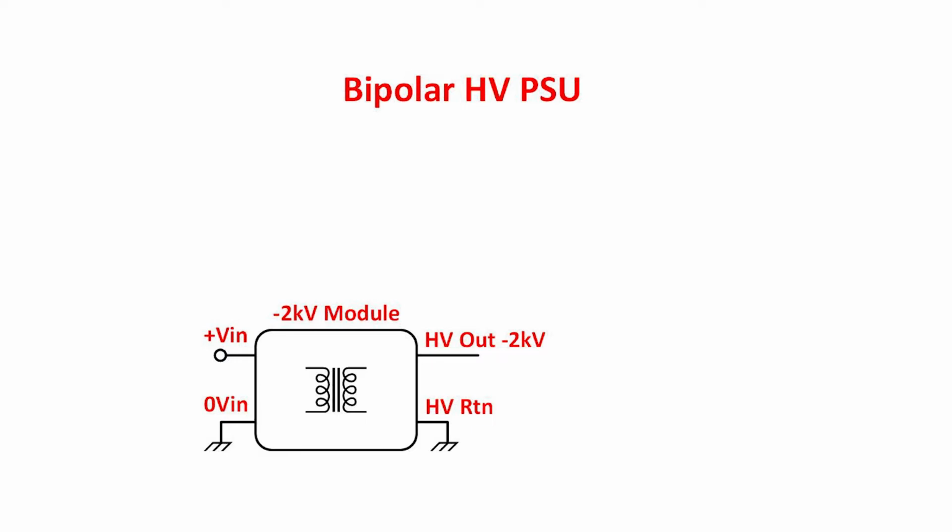With the first module, we create a -2 kV reference by tying the high voltage return pin to ground. I'm using a negative going product here.